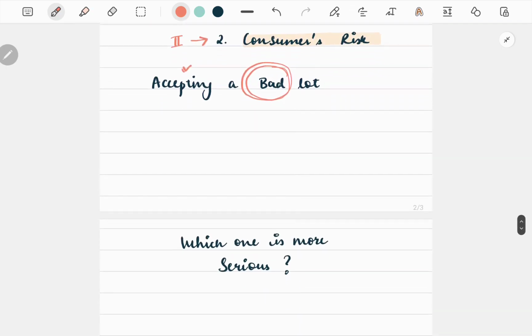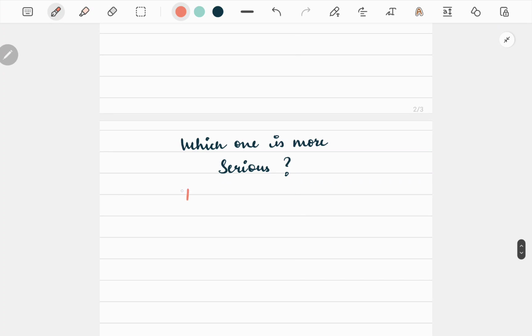Now the question arises, which one is more serious? Is type 1 error more serious or type 2 error more serious?